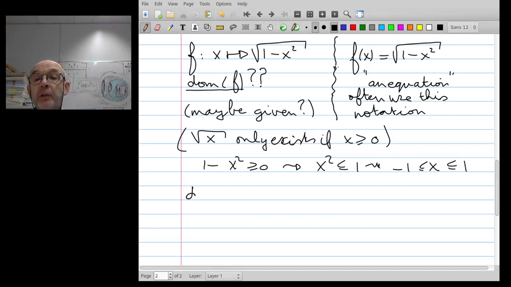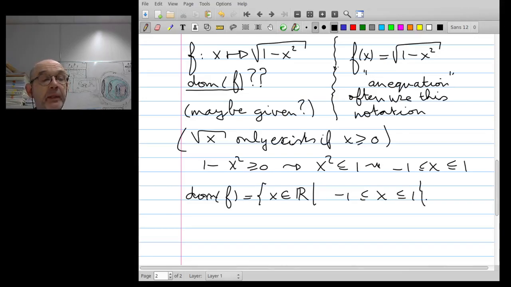So if the domain is not given, you see that the domain of f is the set of all real numbers x such that x is greater or equal to minus 1 and less or equal to 1. So that is your domain of f.